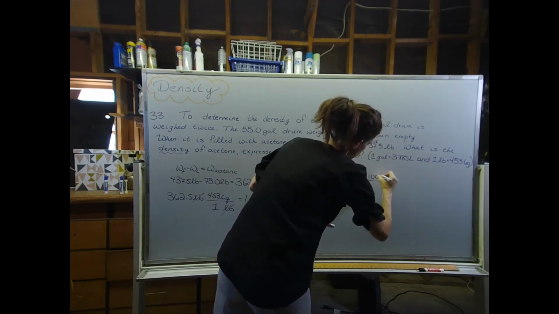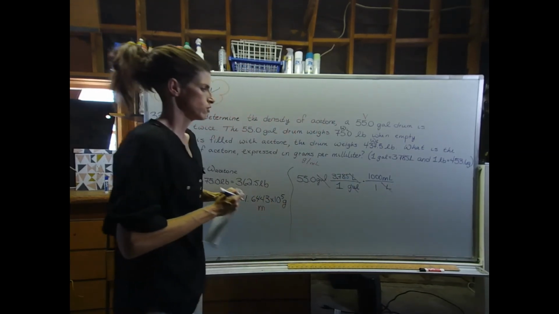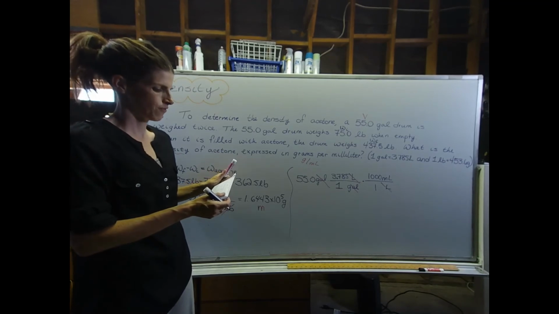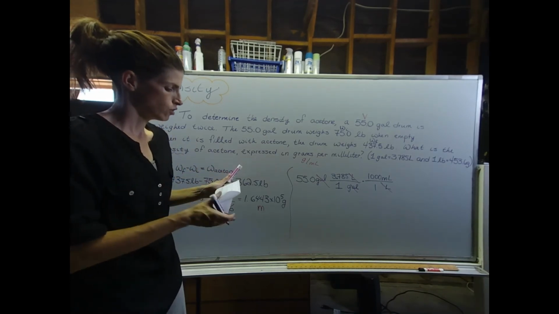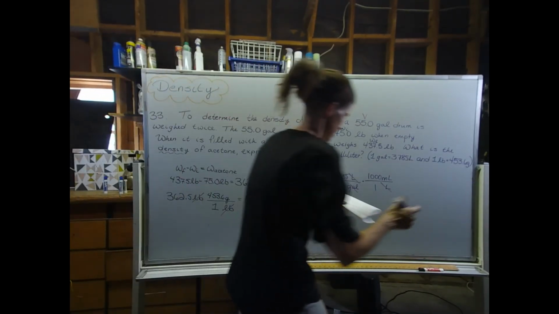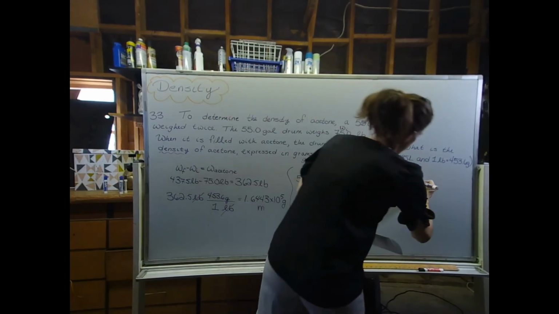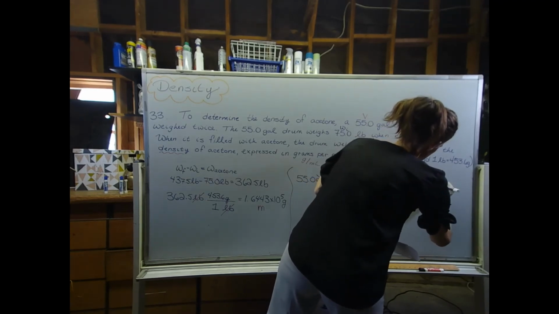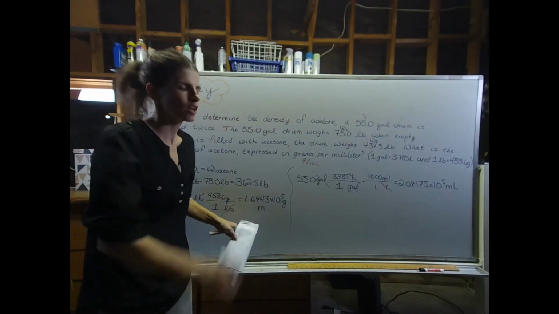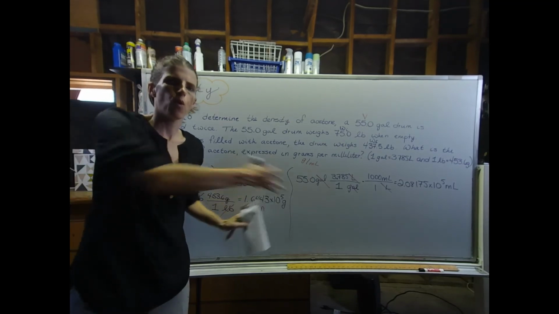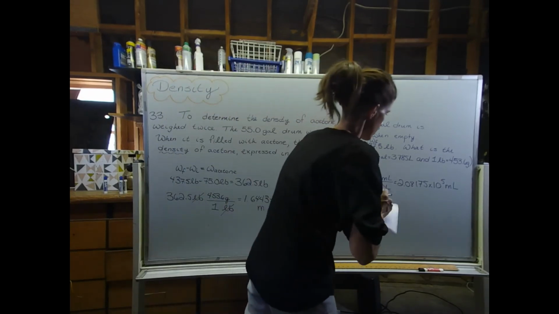And there's 1,000 milliliters in 1 liter. So if I do 55 times 3.785 times 1,000, I get a volume of 2.08175 times 10 to the 5th milliliters. So I'm going kind of extreme here with all the sig figs because of that rule. Keep all the digits until we get to the end of the problem. Let me label this with a V for volume.